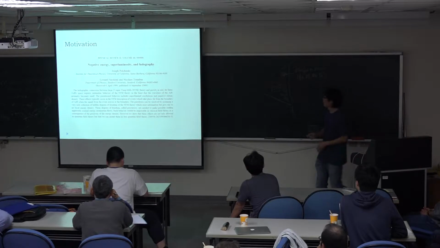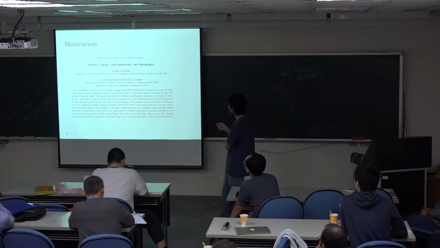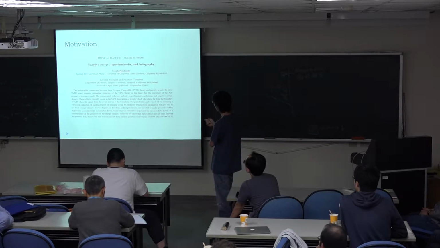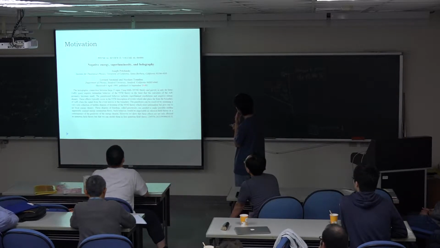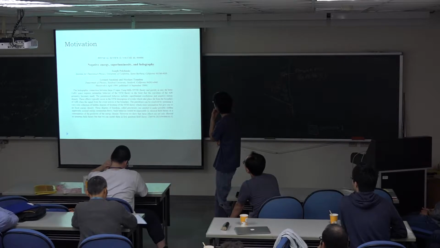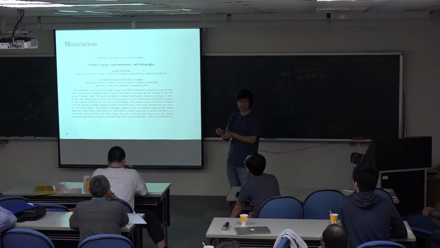This paper is our original motivation. We try to understand this very old paper from 1999 by Horowitz, Susskind, and Thomas. In this paper, they discuss a gravitational wave coming from the center of AdS to the boundary, and analyze what the energy momentum looks like in the boundary theory.